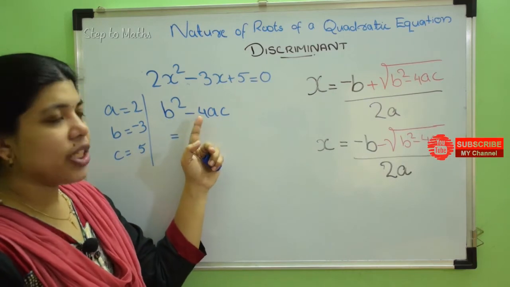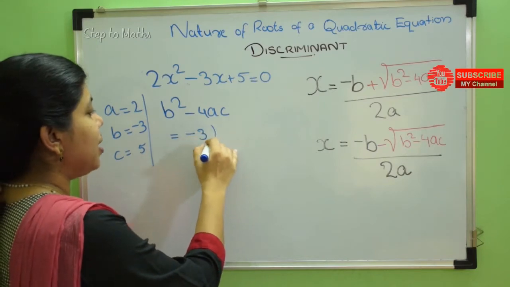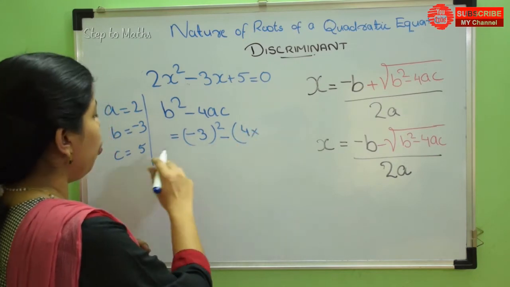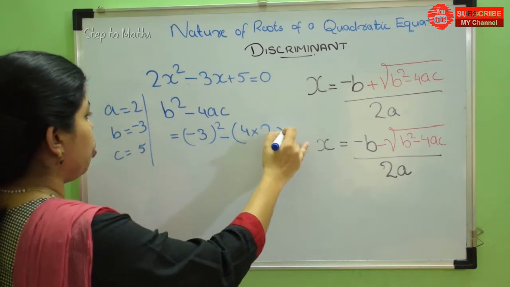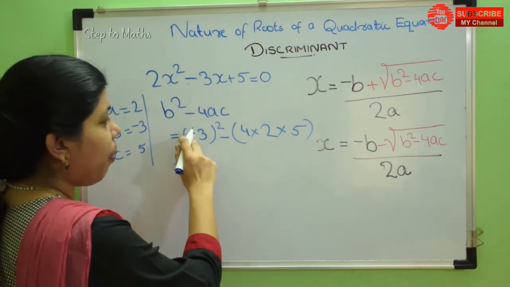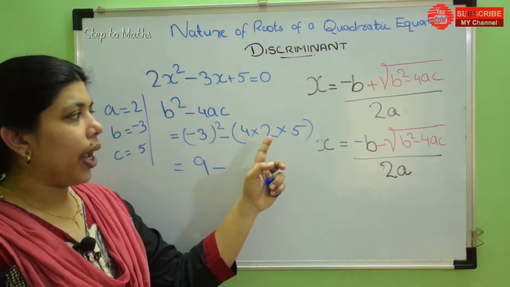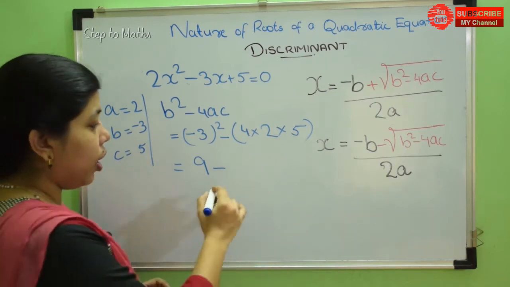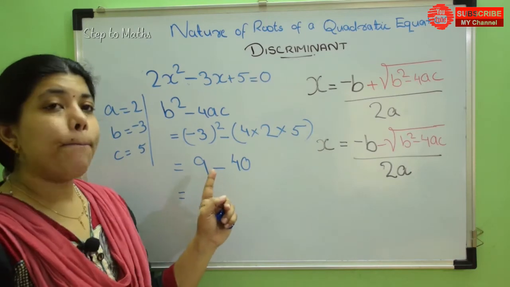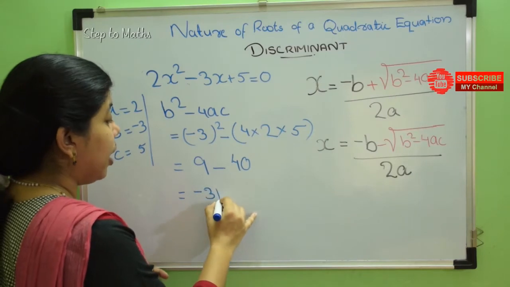The value of b² - 4ac is equal to (-3)² - 4 into 2 into 5, that is 9 - 4 into 2, 8, 8 into 5, 40. 9 - 40 is -31.